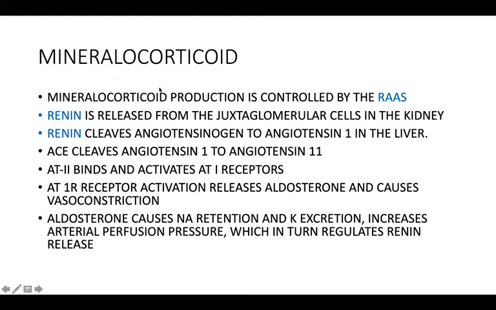And renin comes from juxtaglomerular cells in the kidneys. Now this activation of angiotensin 2 type 1 receptors activates the release of aldosterone from the adrenal cortex, that is from the glomerulosa layer.